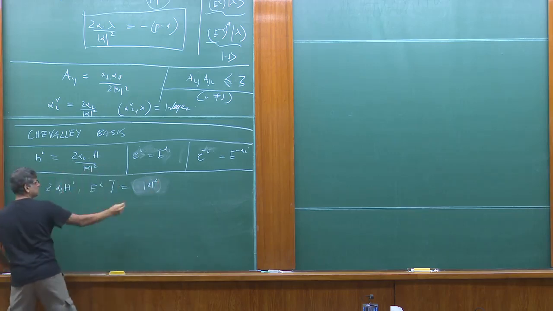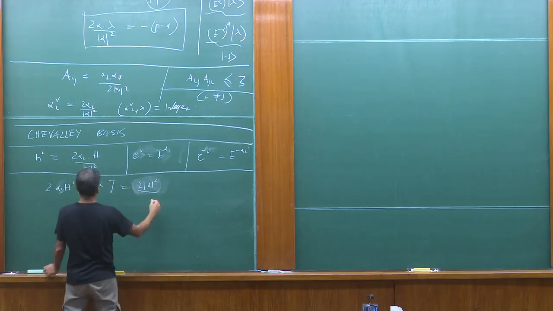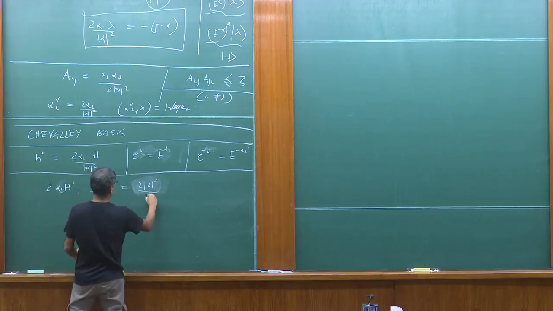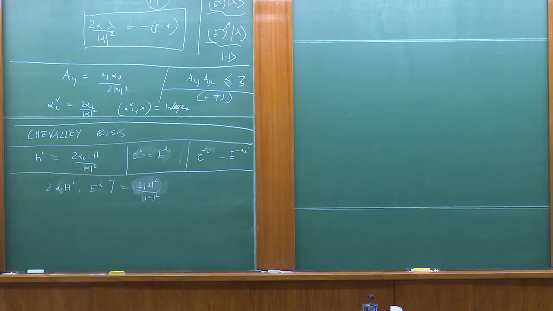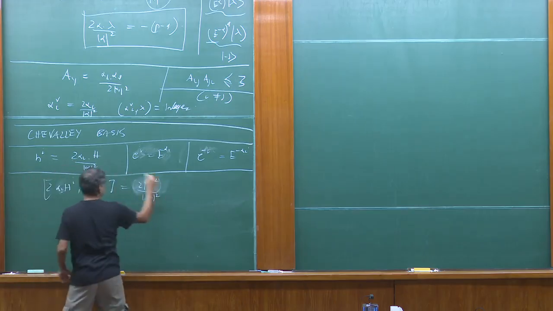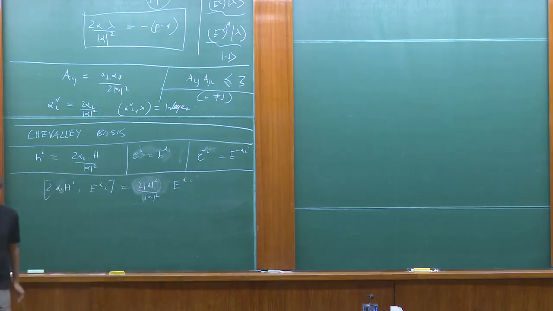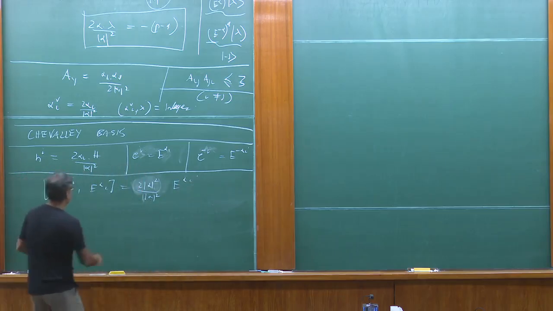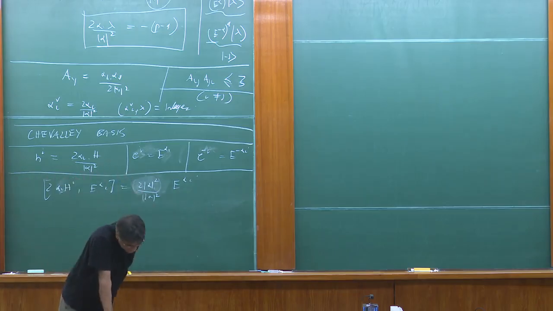I multiply by 2, and then I divide by mod alpha squared. This was an E alpha i.